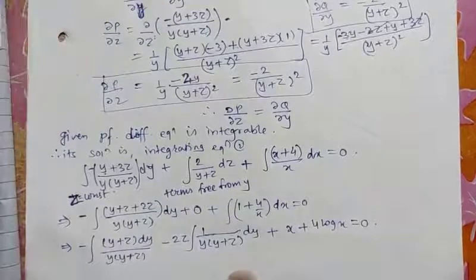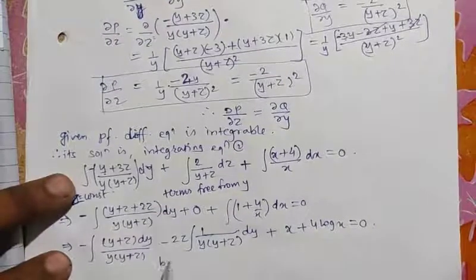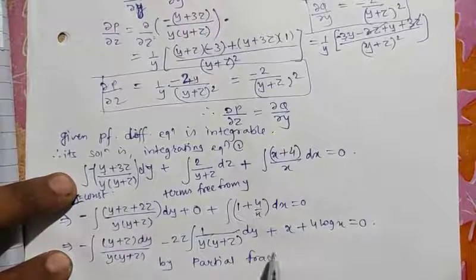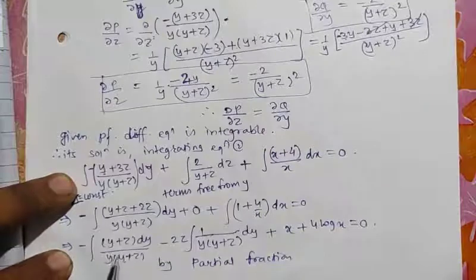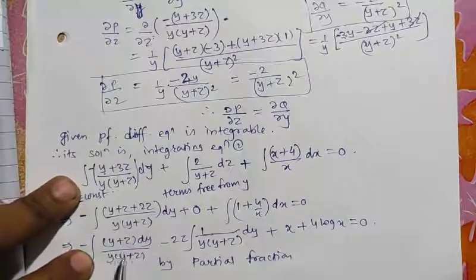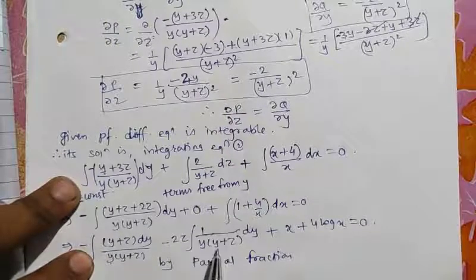By using partial fractions, we find A/y plus B/(y+z), and here again we use A/y plus B/(y+z).